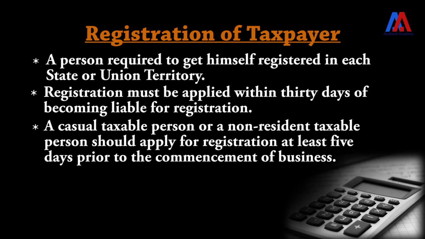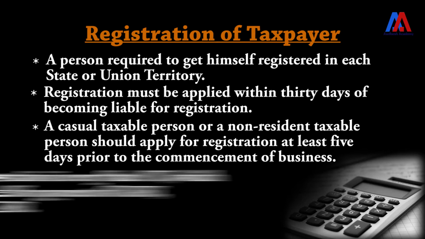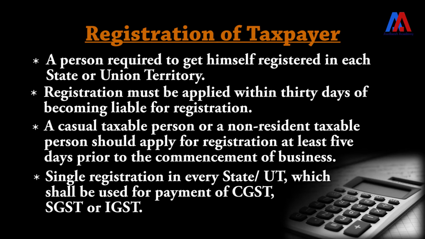A casual person or a non-resident taxable person should apply for registration at least 5 days prior to commencement of business. Single registration for every state, union territory shall be used for payment of CGST, SGST and IGST. That means from the same registration you will be paying the central taxes, state taxes and integrated taxes.